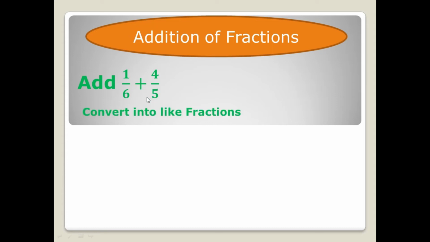So in order to solve these, we first convert these fractions into like fractions, that is, fractions with similar denominators. For this purpose, we find the LCM of the denominators. The LCM of 5 and 6 is 30.